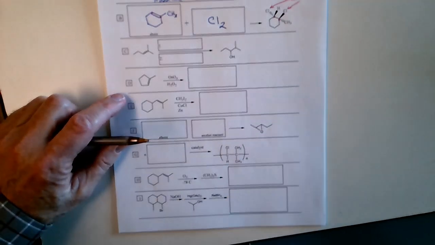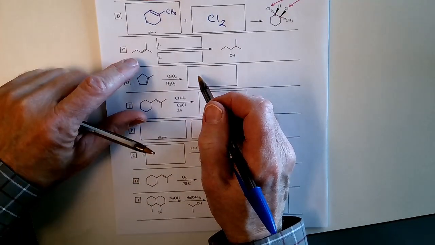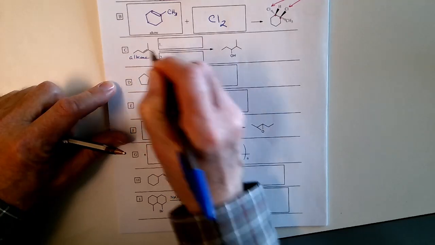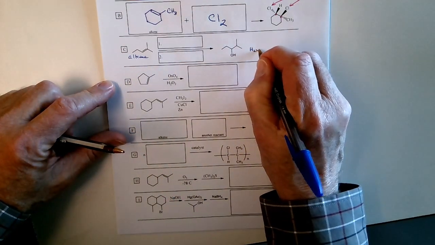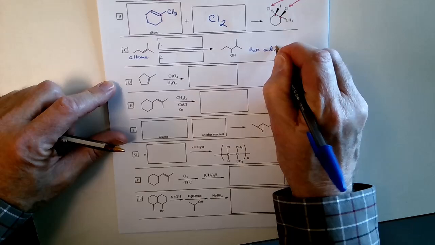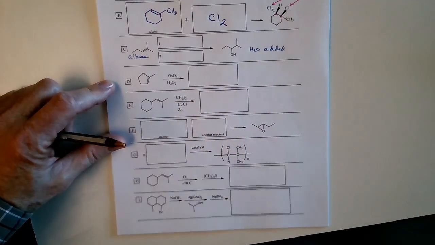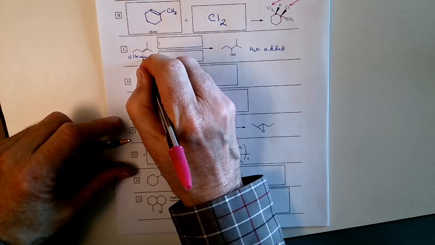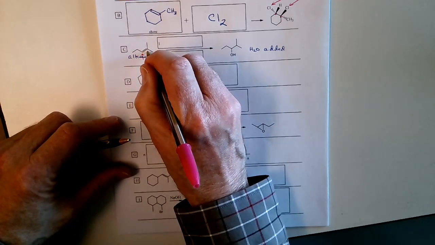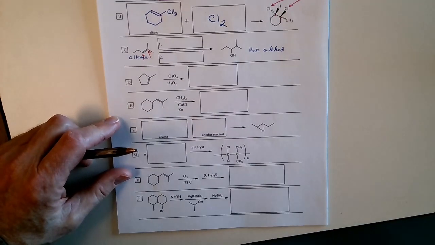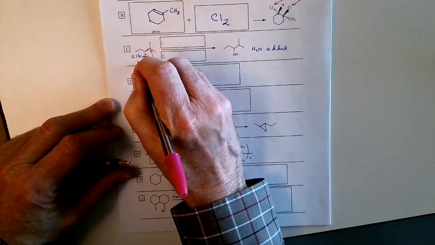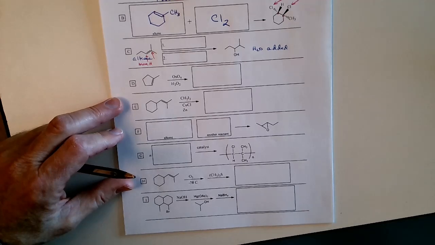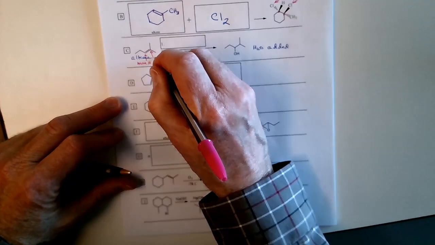Okay, next one. We're given an alkene, and let's just figure out the route to get us to the point where water is added. How did water add? Well, you have two carbons to choose from, and it looks like the first one has the more hydrogens, and the second one there in the corner got none.